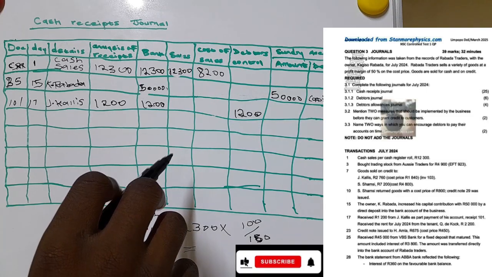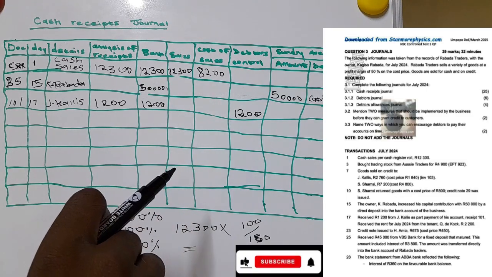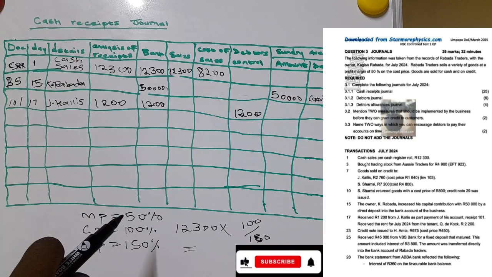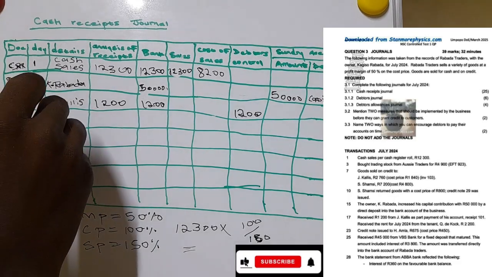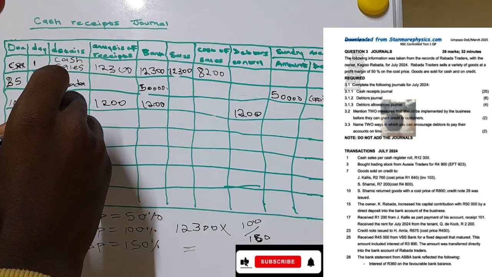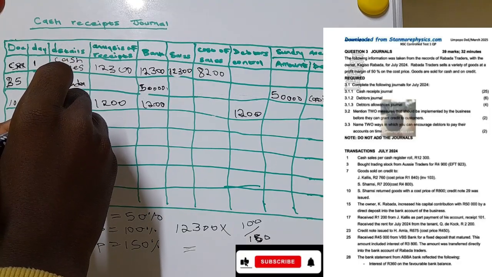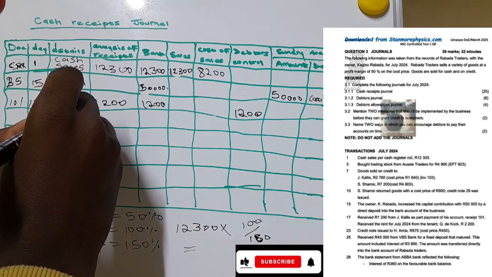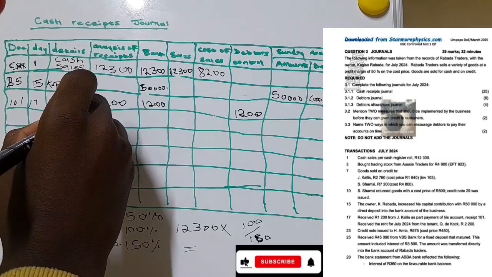They received the rent for July 2024 from Tinet Q the Cock for 2,200. So that one we are also going to record under here. It falls under day 17. And then our details, we are going to write what? It's Q the cock.